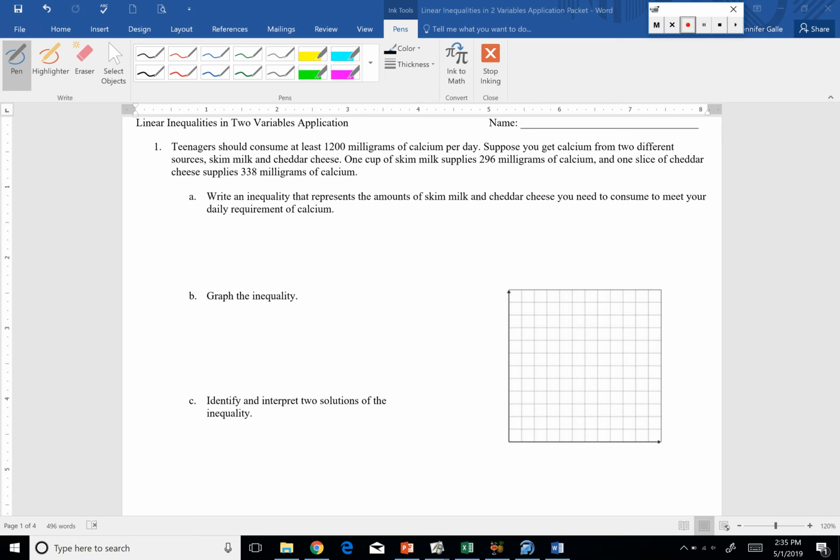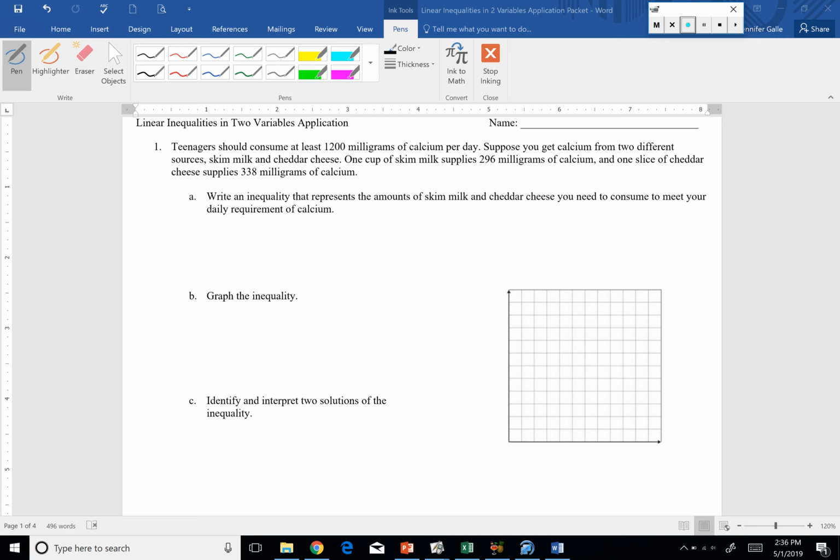It says teenagers should consume at least 1,200 milligrams of calcium per day. Suppose you get calcium from two different sources, skim milk and cheddar cheese. 1 cup of skim milk supplies us with 296 milligrams of calcium. 1 slice of cheddar cheese supplies us with 338 milligrams of calcium.